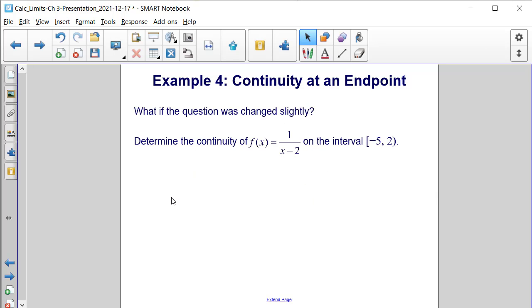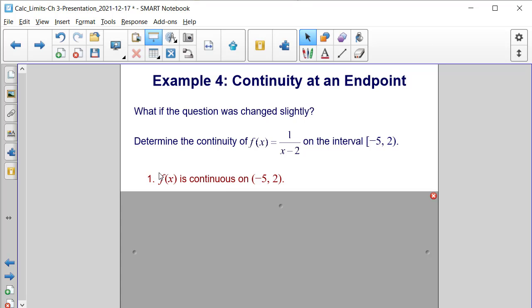The question was changed slightly. What if it was written like this? Determine the continuity of f of x equaling 1 divided by x minus 2 on the interval that's closed at -5 and open at +2. Well, we already know from the work that we did prior that our function is continuous on the open interval from -5 to +2.